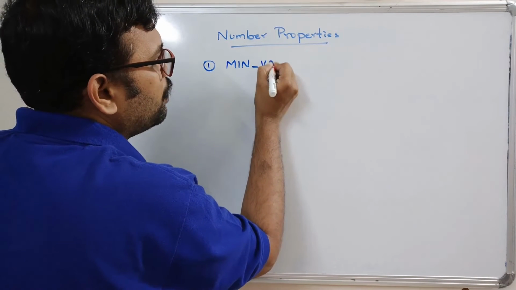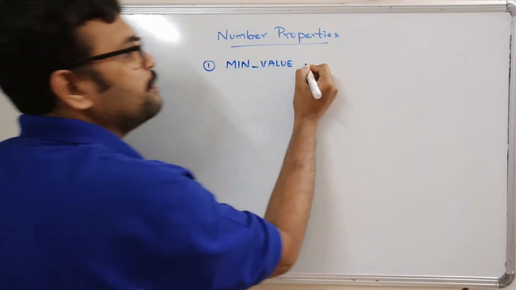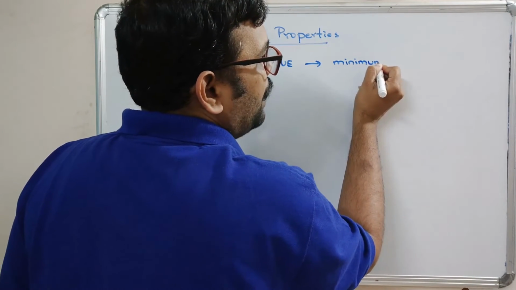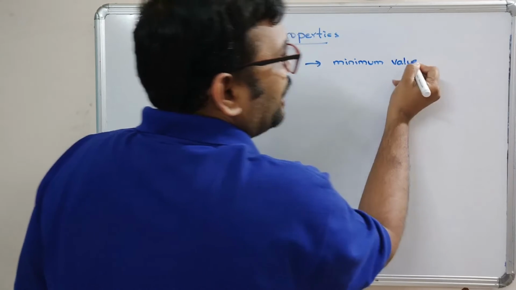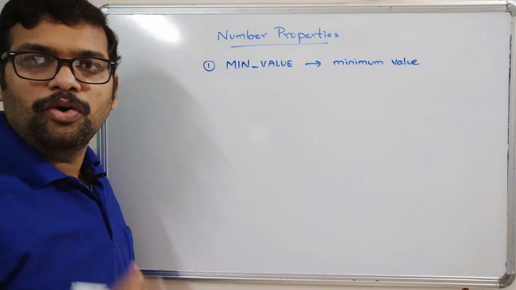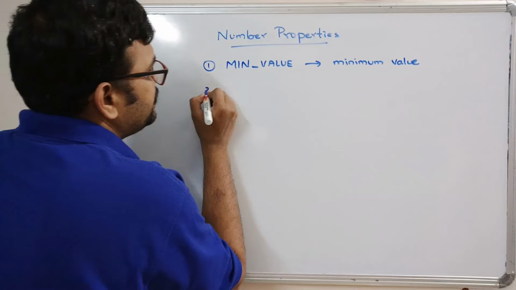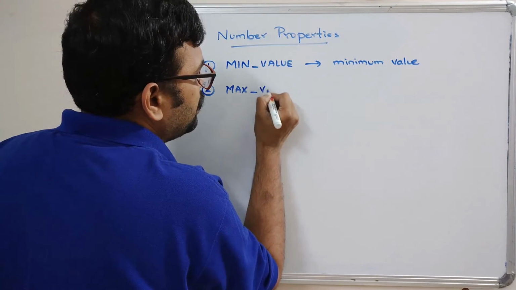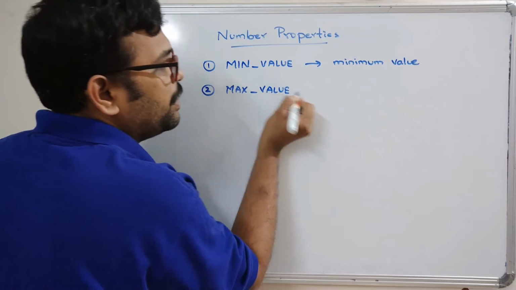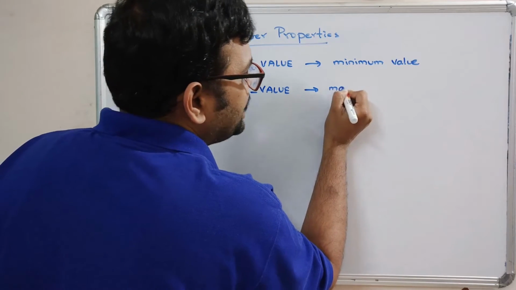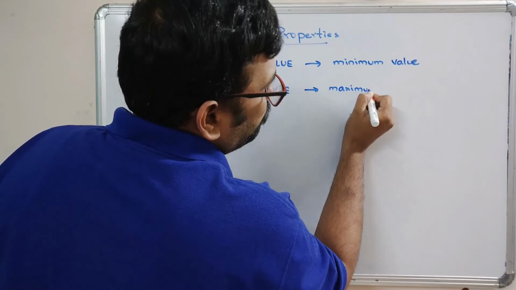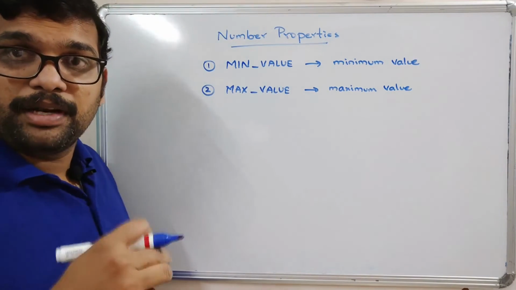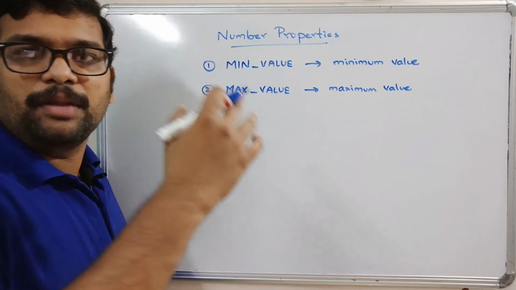This will return the minimum value that the JavaScript variable will hold. The second one is the maximum value, MAX_VALUE, all capital letters. This will give the maximum value that a variable can store in JavaScript, a maximum value and a minimum value.